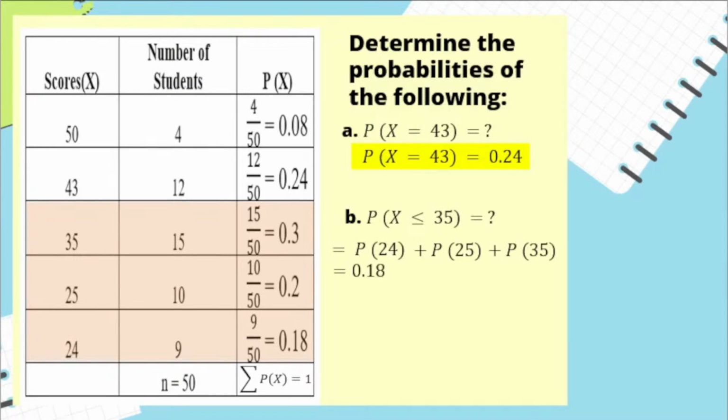So, the probability that the random variable x is less than or equal to 35 is equal to P of 24 plus P of 25 plus P of 35, that is 0.18 plus 0.2 plus 0.3. So the probability of the random variable x that is less than or equal to 35 is equal to 0.68.